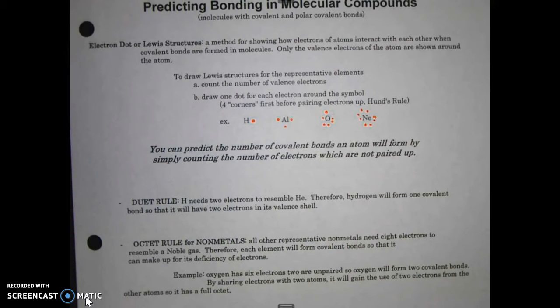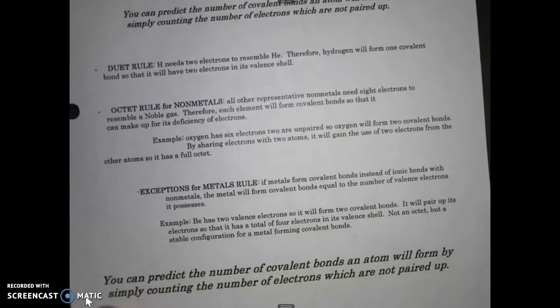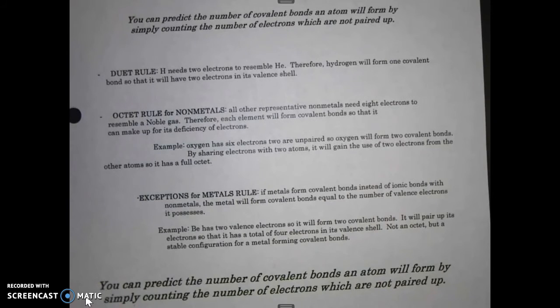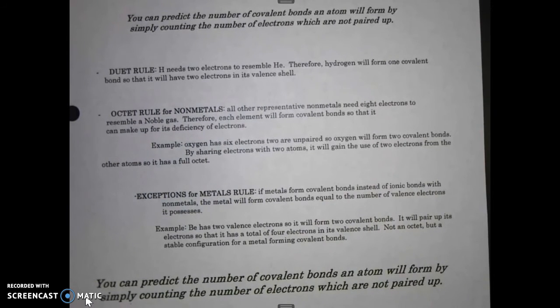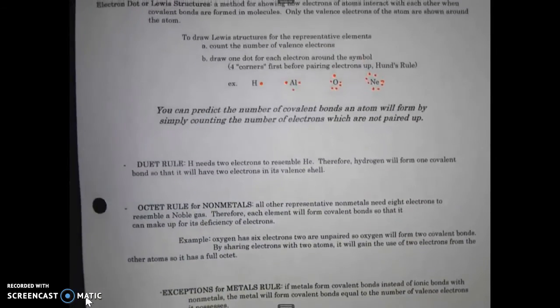So even though technically a full octet is 8, aluminum is satisfied when it forms covalent bonds to just have 6 electrons around it. But again, you don't have to memorize all these rules. You can predict the number of covalent bonds simply by counting the number of unpaired electrons. That's the idea that I want to go with.